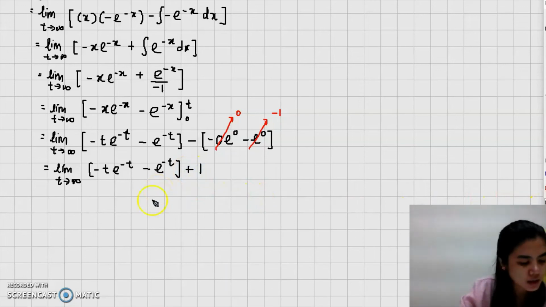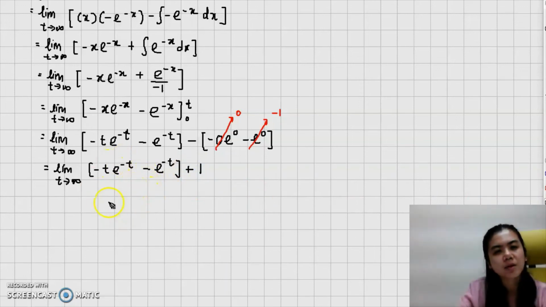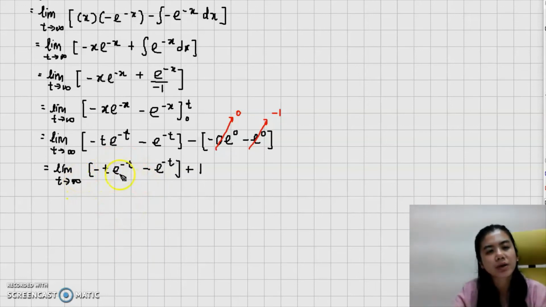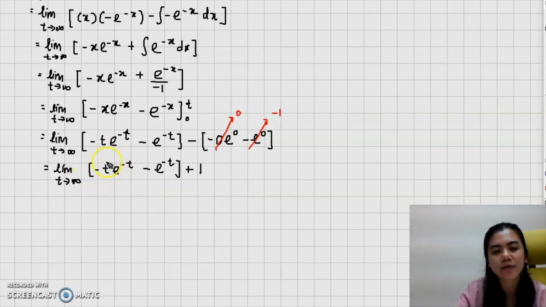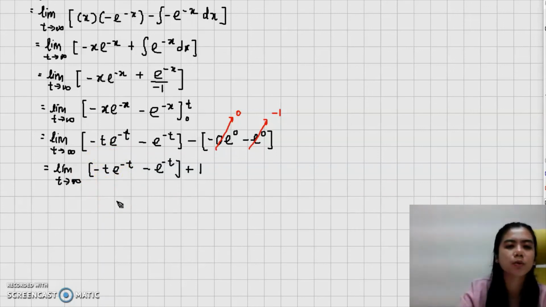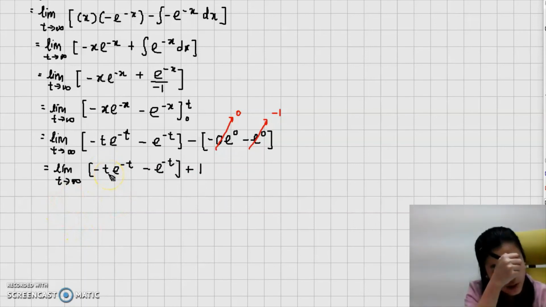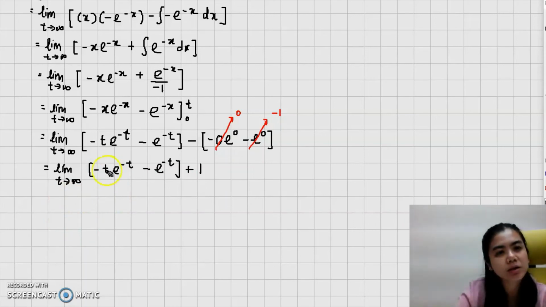So let's just deal with the terms involving t. We have to consider substituting the infinity inside. But in here we have a special case that you need to modify, which goes back to our previous chapter. Our previous chapter says that you have to modify it because it's in the form of infinity multiplied with 0.